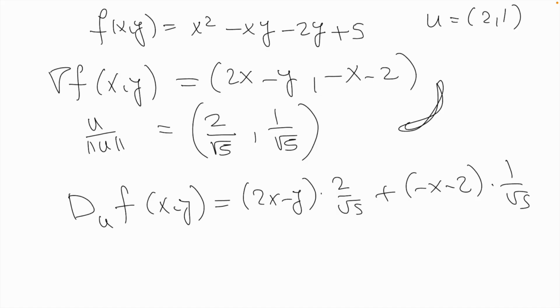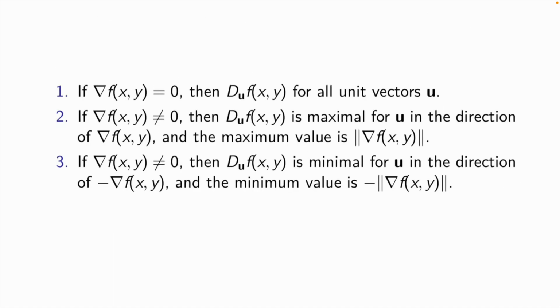Now, knowing that this is the dot product, we also have a way to remember how to do the directional derivative. We can put in place everything that we know about the dot product. So let's remind you that the directional derivative of a function at a point is the dot product of the gradient with the unit vector u.